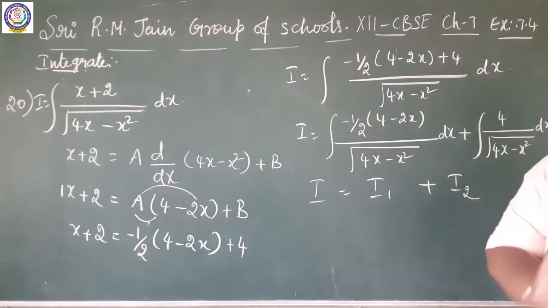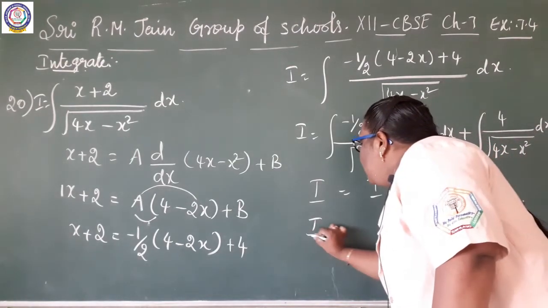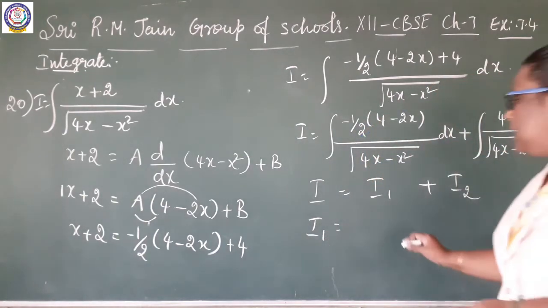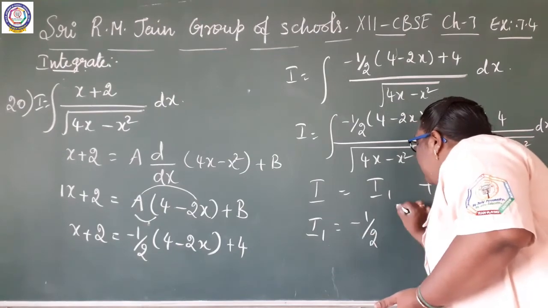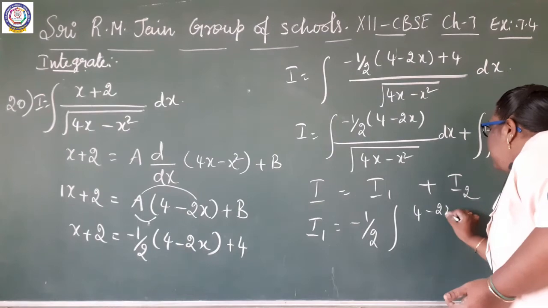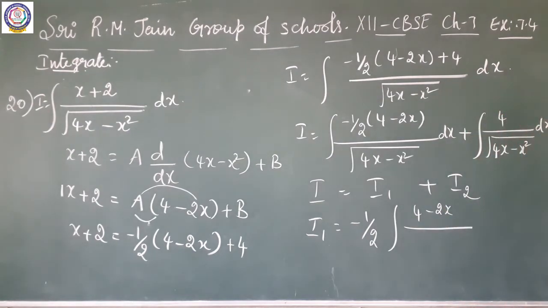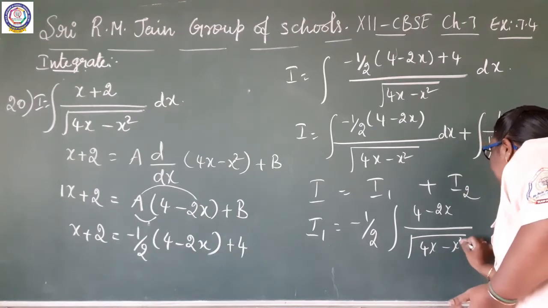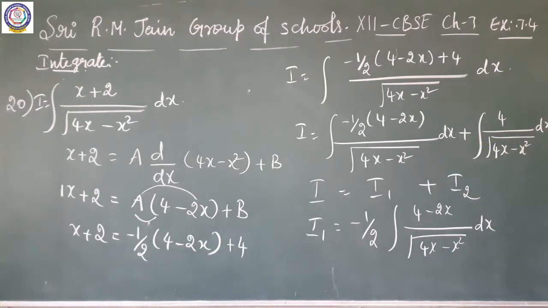First, we will see the I1 value. What is I1 here? I1 equal to constant minus 1 by 2, you can take it out. Minus 1 by 2 into integral (4 minus 2x) by root of 4x minus x square into dx. See here, differentiation of 4x is 4 and minus x square is minus 2x.